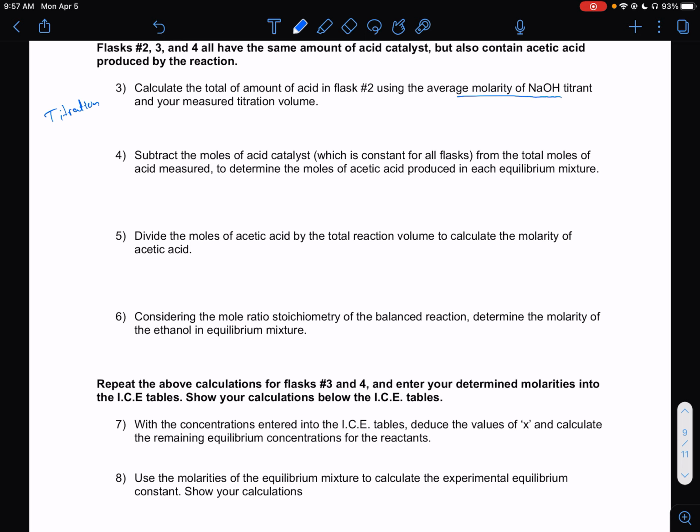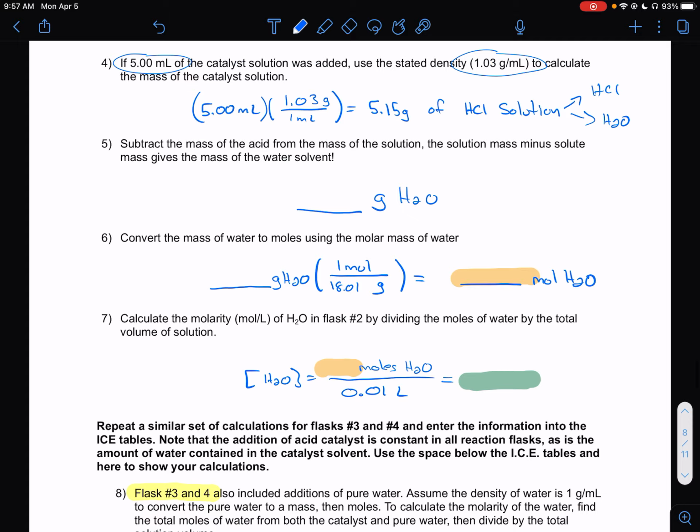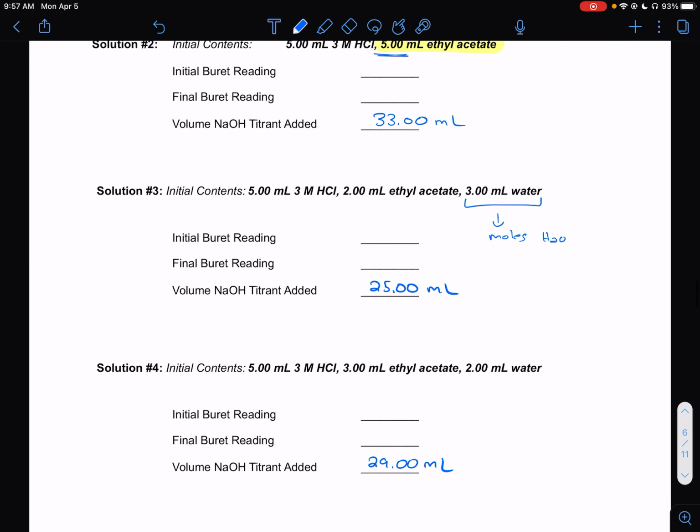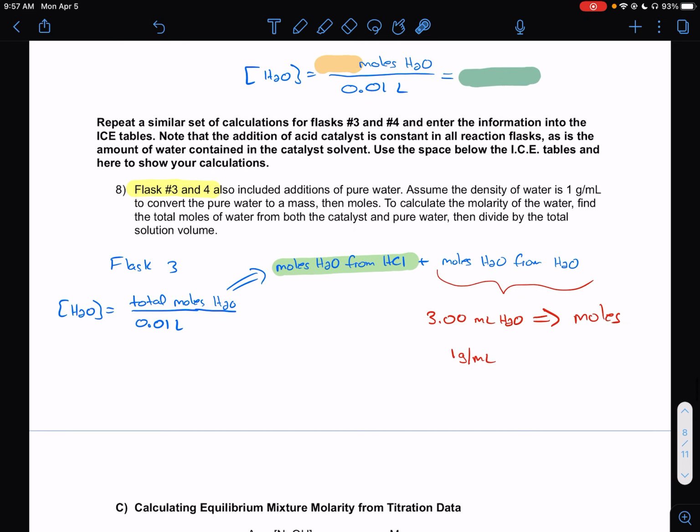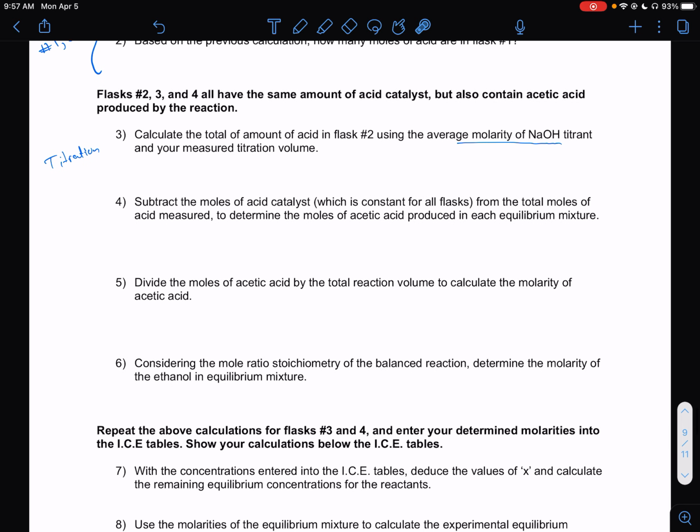So for flask 2, we can come up to our titration data and say, this is the volume of sodium hydroxide it took to reach the end point. So I'm going to come down here and say my data said 0.033 liters multiplied by 1.22 moles per liter.